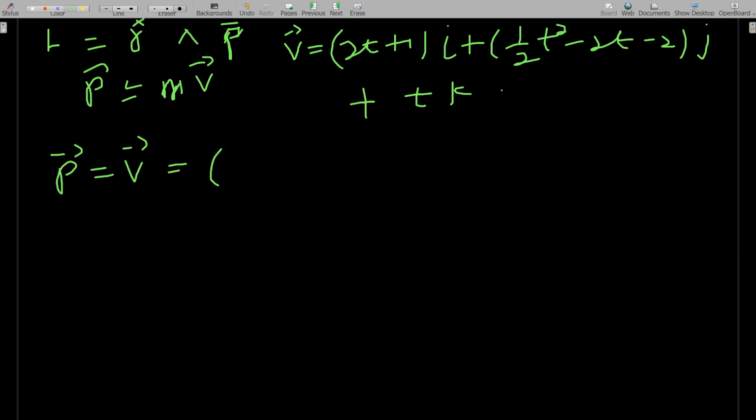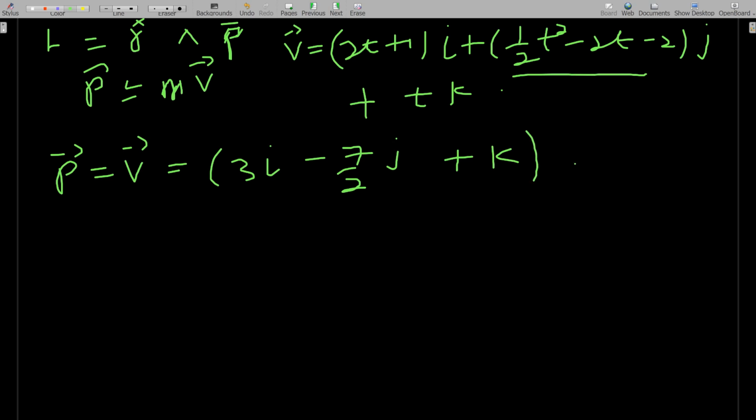At time t equals 1, I have 2 times 1 plus 1, that will give me 3. So the momentum will be equal to 3i, then when I simplify the one in the bracket, I get minus 7 over 2 j, then plus k. So you can keep this as your momentum.